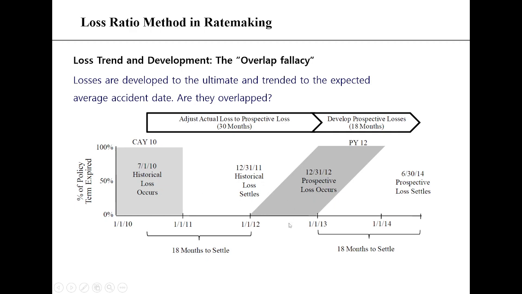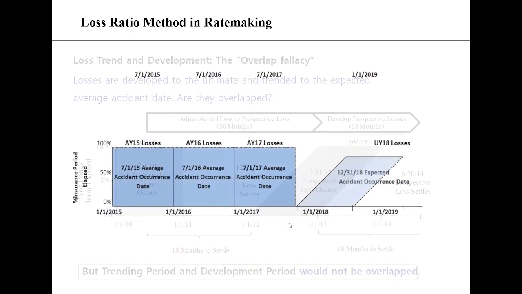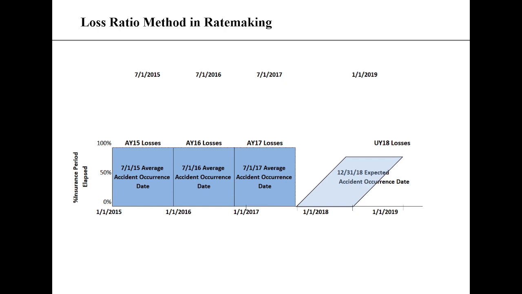It's the same story. And I also want to point out that, normally, let's say when I do the rate filing for personal automobile, the loss ratio that I'm going to use is the previous 3 years.